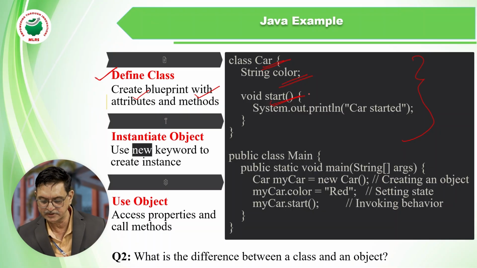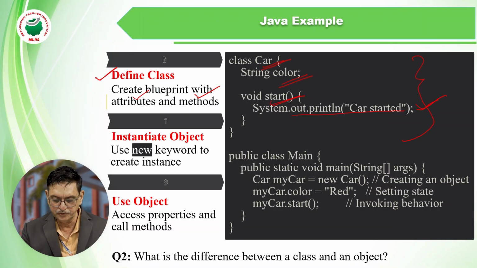Each method will be clearly defined, stating how that operation will be performed. For example, here we are simply saying whenever the car is started, we display that the car is started.